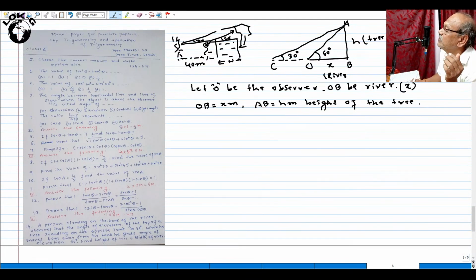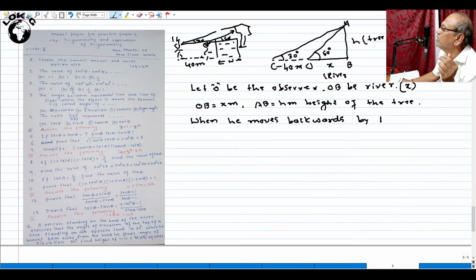Height of the tree. Okay, when he moves backwards by 40 meters, this length is 40 meters, right?